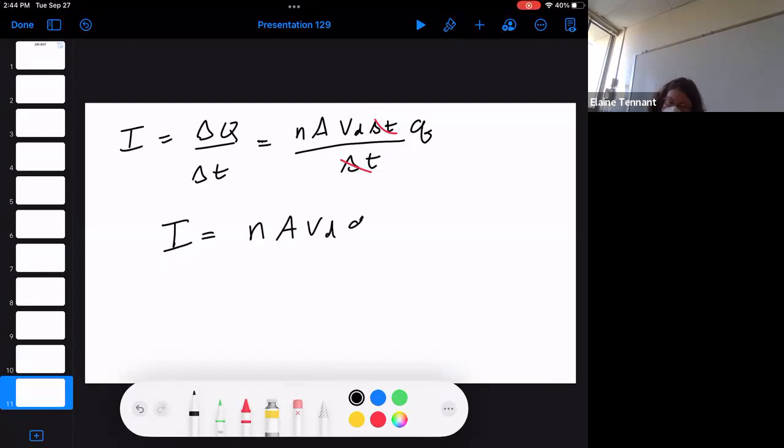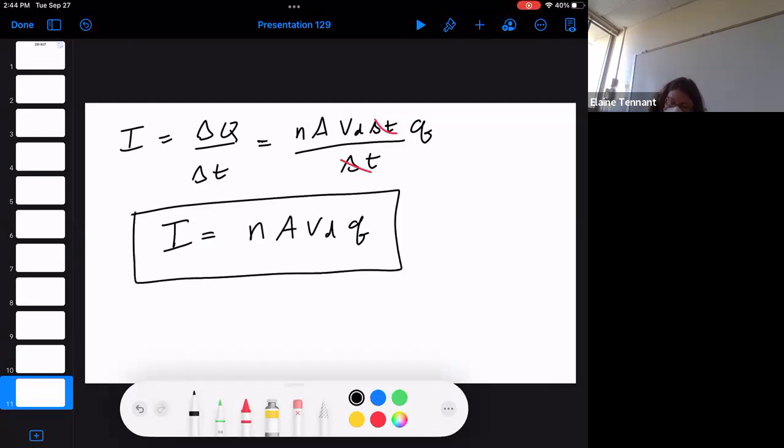which, what this equation gives you is, if I tell you I have a copper wire of a certain diameter, you can tell me how much current I can put across it, because you can look up the density of electrons in copper, and you can look up the charge of an electron, and you can look up the drift velocity per voltage in copper.